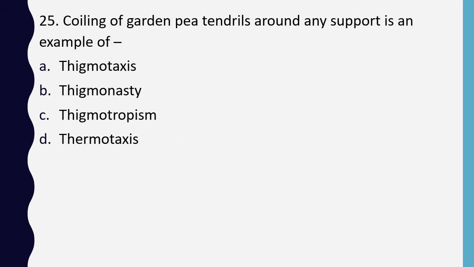Question number 25. Coiling of garden pea tendrils around any support is an example of thigmotexis, thigmonasty, thigmotropism, or thermotexis. Coiling of garden pea tendrils around a support. The correct answer is option C, thigmotropism.